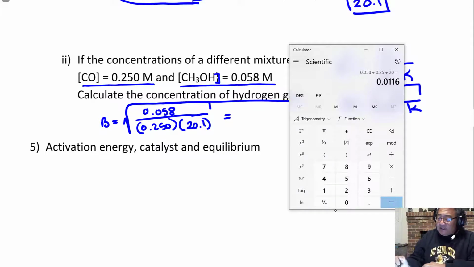And then I have to take the square root. Your calculator may or may not have a square root function, but you can go y to the 0.5. That's the half power, that's the square root. It ends up being 0.108 or 1077, right?